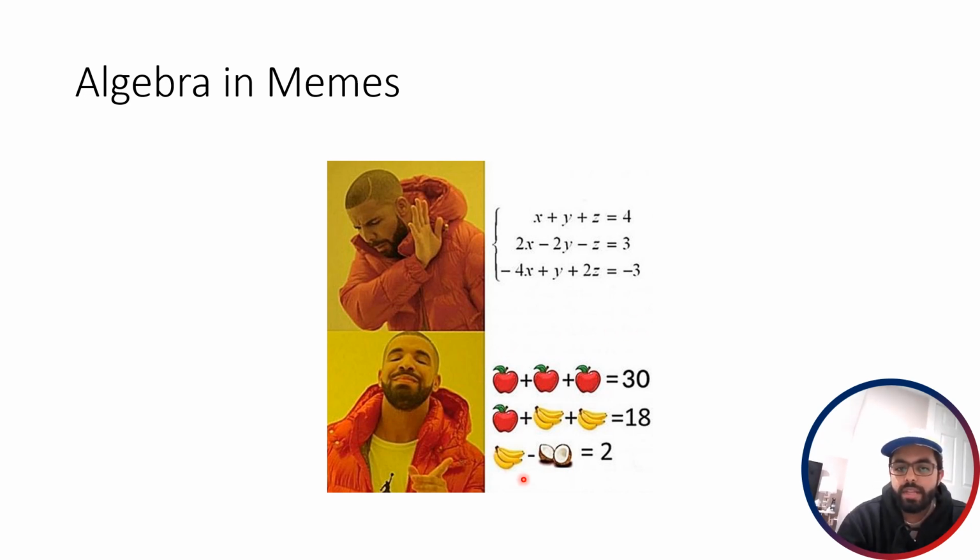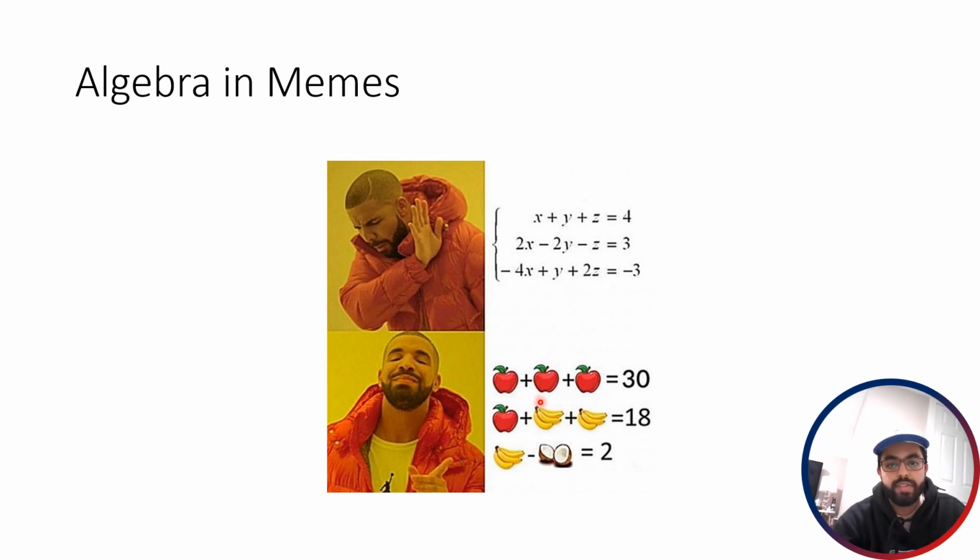But if you've ever seen something like this in a Facebook meme or an Instagram meme, or an older sibling or mom or dad has shown you something like this, that's algebra. These are unknown quantities, but instead of representing them with letters, they're being represented with emojis. Sometimes it's a fruit, sometimes it's a smiley face, but they're being represented by something that isn't a number, right?